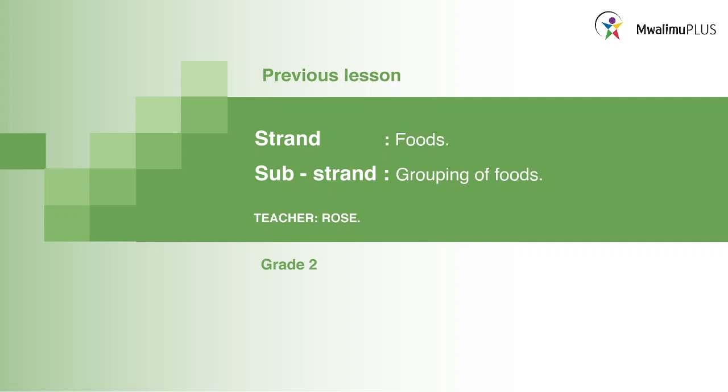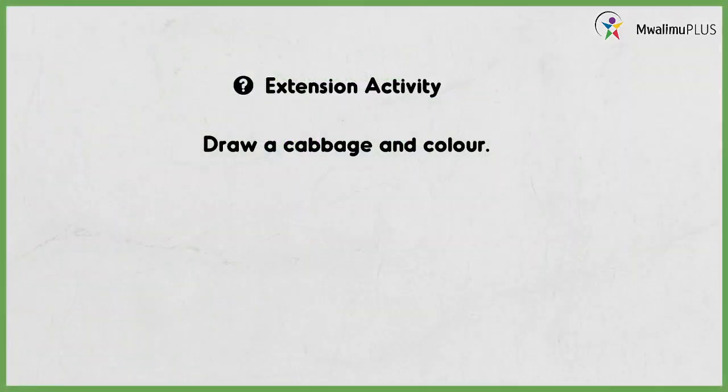Now, I gave you some extension activity. Did you do your activity? I gave you something that we find at home all the time. Let's do it together. Draw a cabbage and color.